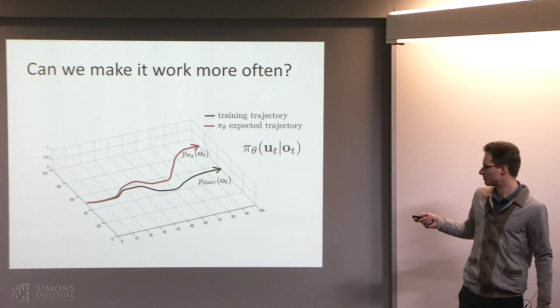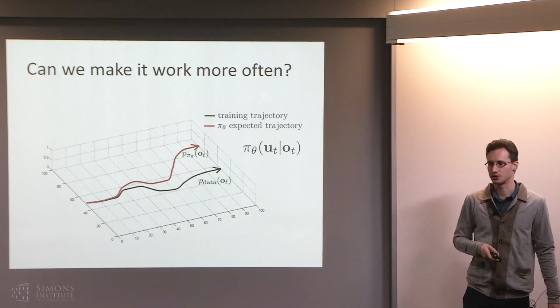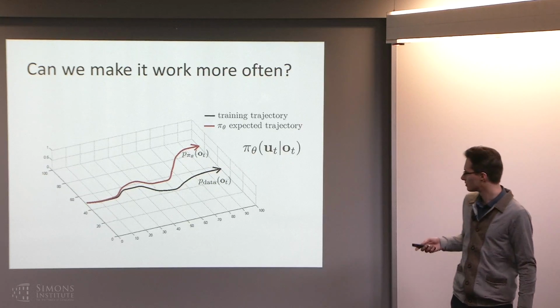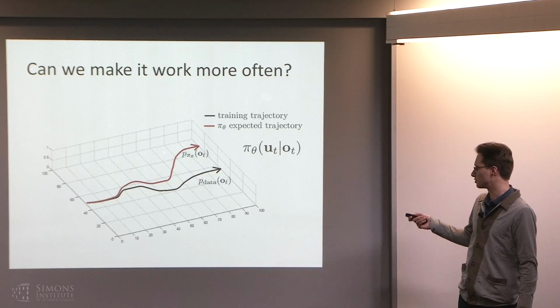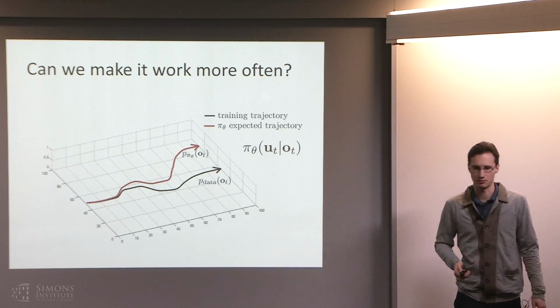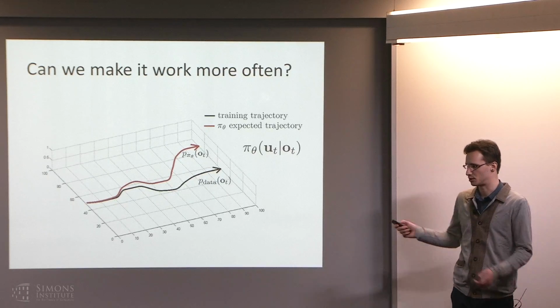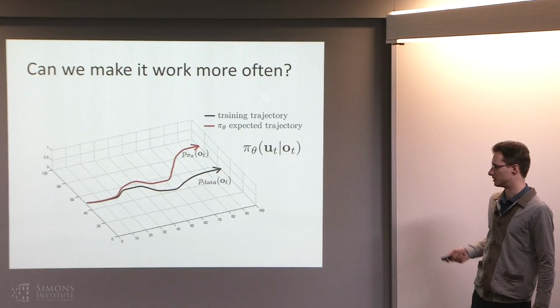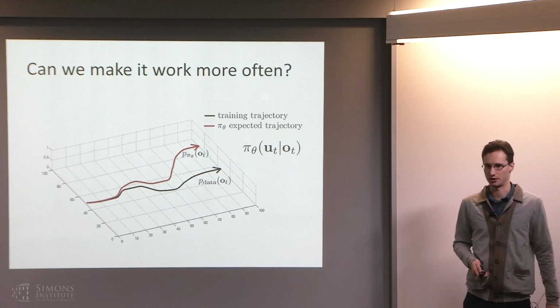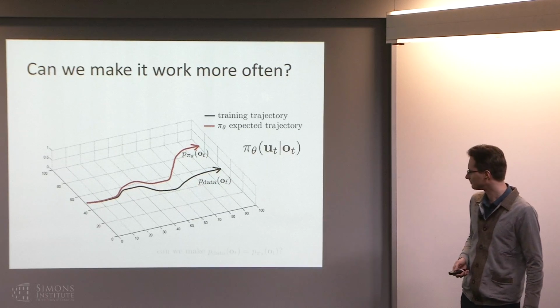This distribution is not the same as this one because this is not the same policy as the one that the human executed. So the problem becomes pretty clear. You train on one distribution, you're testing on another one, so obviously it might not work. In the extreme case, if your car drives off a cliff, it's going to see something totally different from anything it ever saw. So of course, the support between these two distributions might not even be the same.